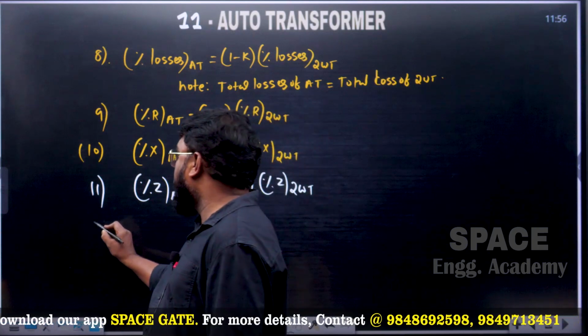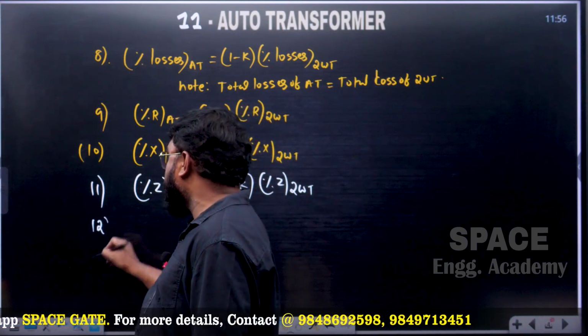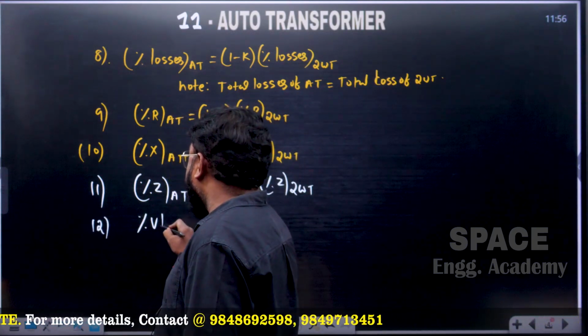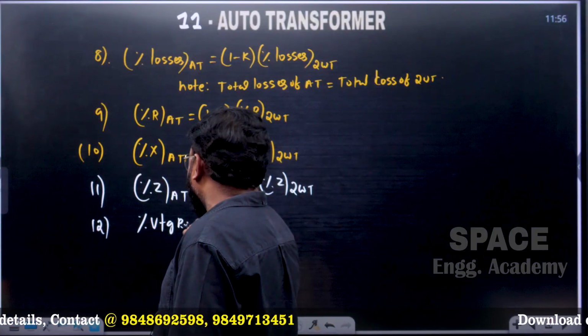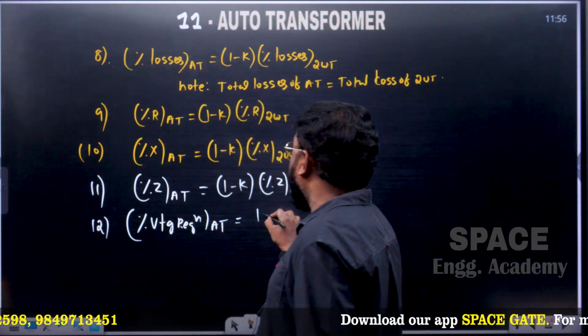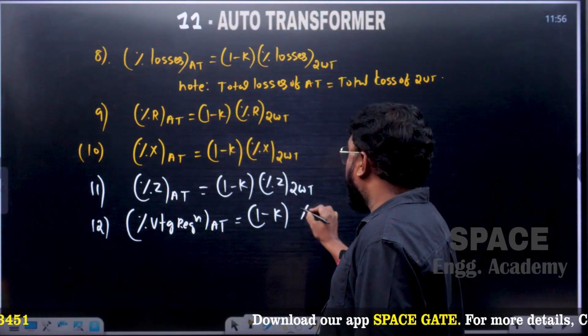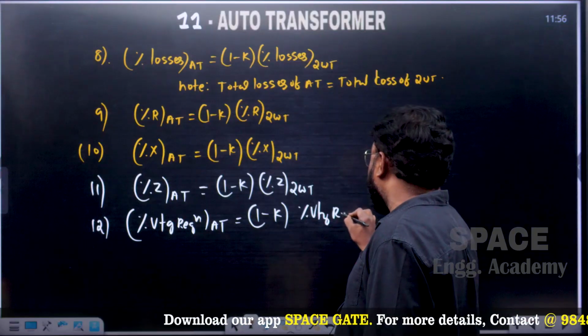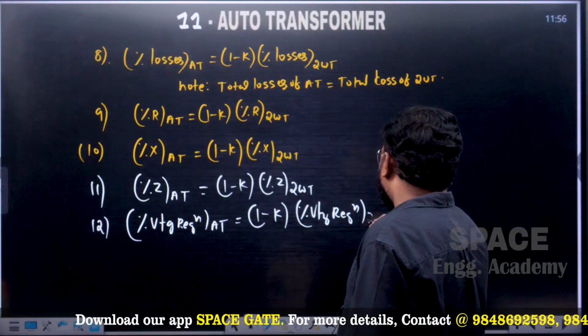And the 12th point here, percentage voltage regulation in auto transformer is equal to 1 minus k times the percentage voltage regulation of two winding transformer.